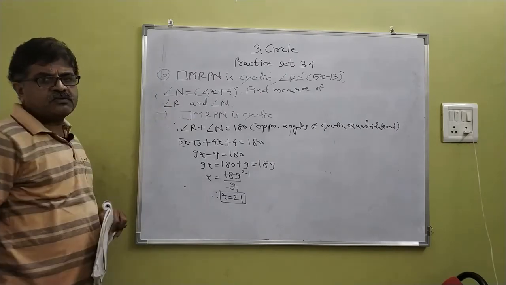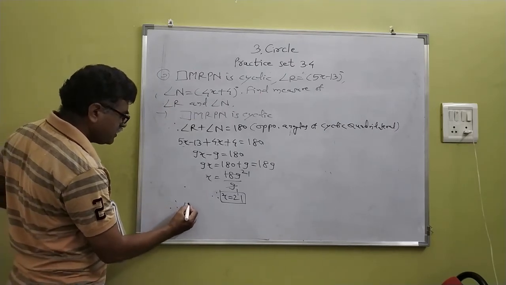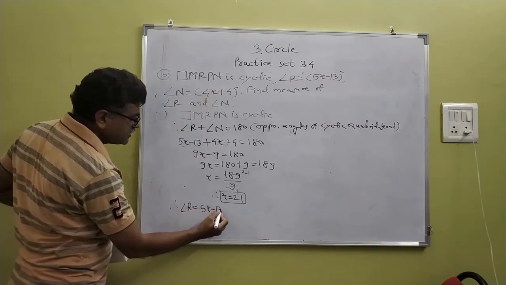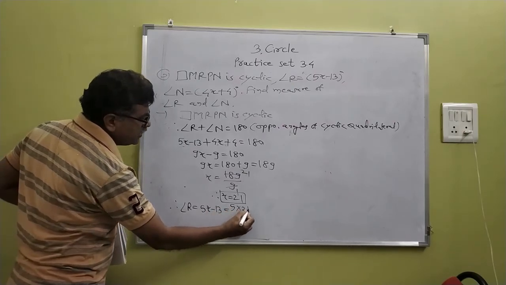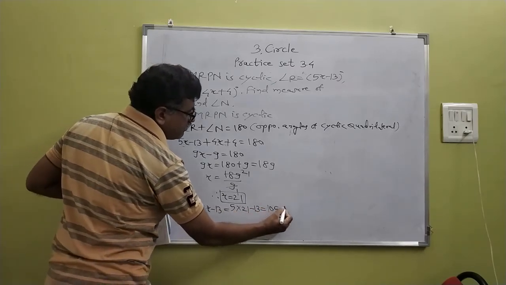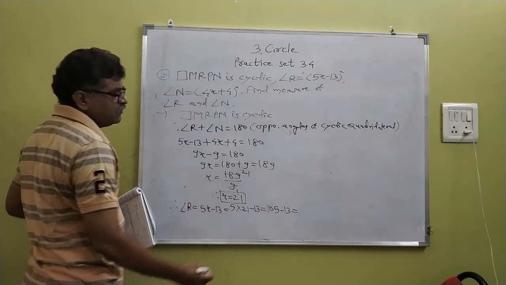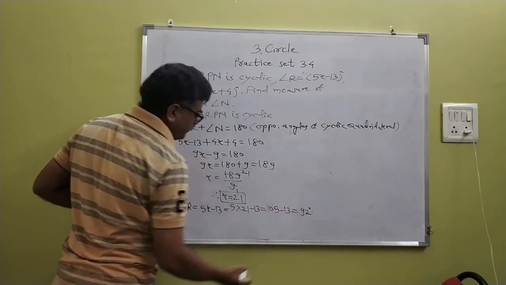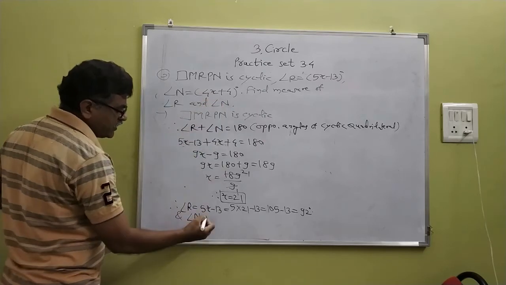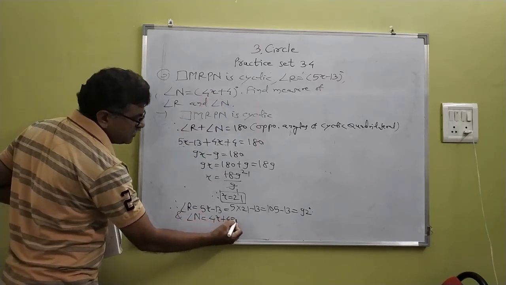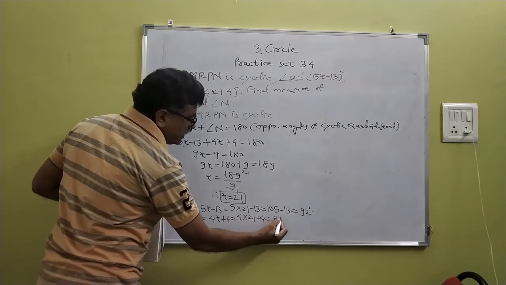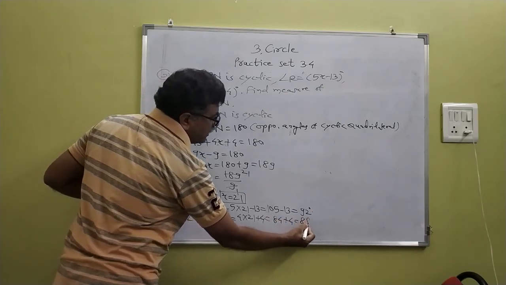Now we have to find the values of R and N. Angle R is 5x minus 13, which is 5 into 21 minus 13, is equal to 105 minus 13, is equal to 92 degrees. And angle N is 4x plus 4, which is 4 into 21 plus 4, is equal to 84 plus 4, is equal to 88.